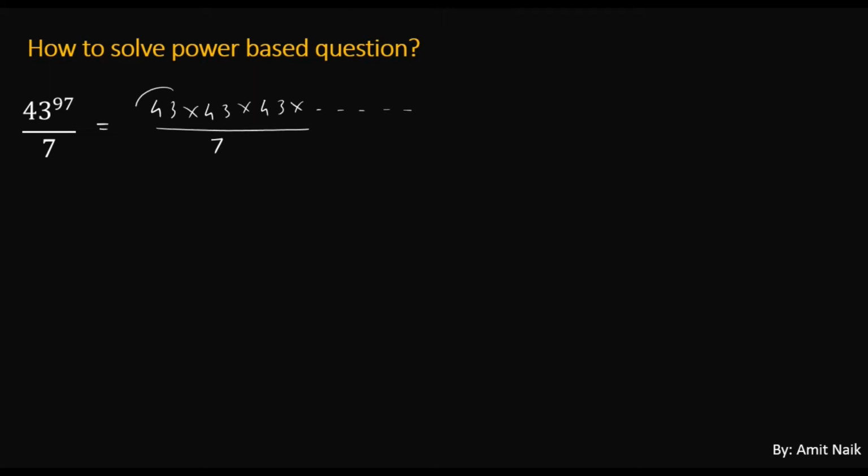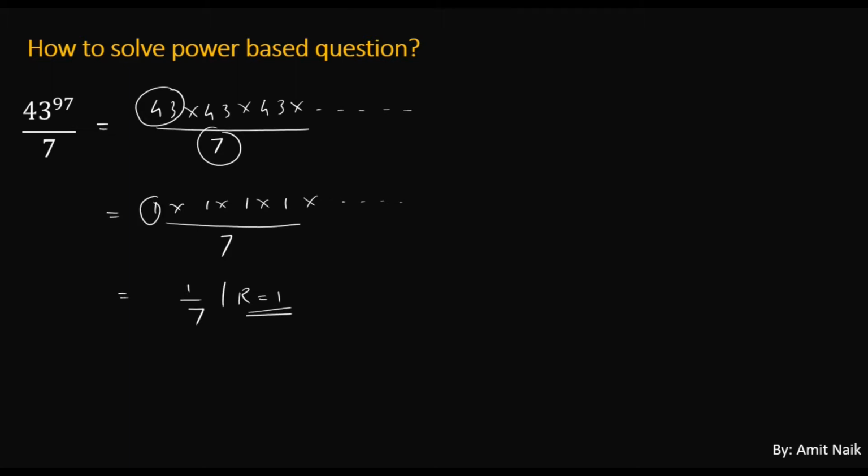Now this division 43 by 7 leaves me a remainder of 1. That means the remainder is 1 each time I divide 43 by 7, that is 97 times. Now 1 multiplied 97 times is 1 again, that gives me 1 by 7, and the remainder of 1 by 7 is 1, right?